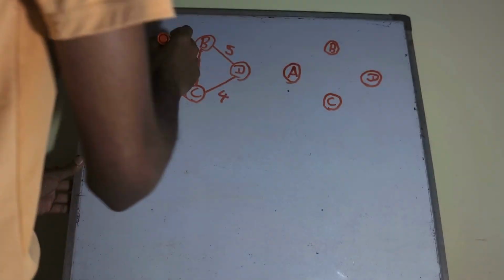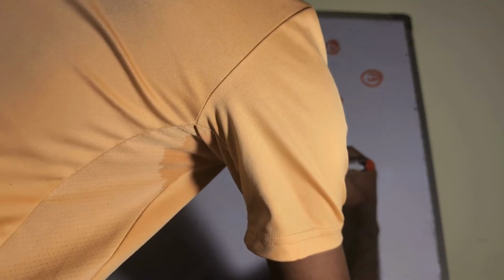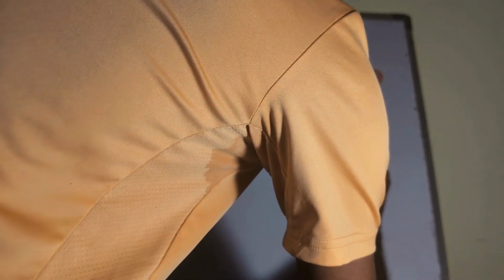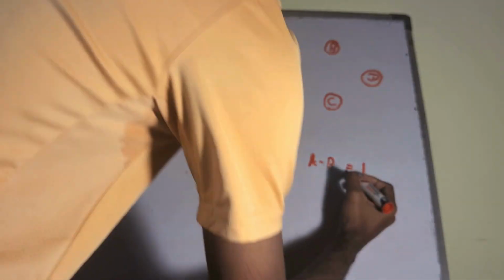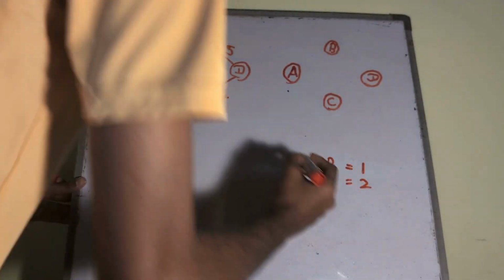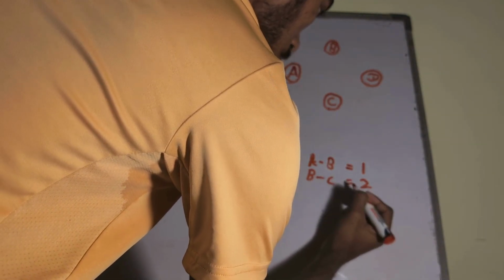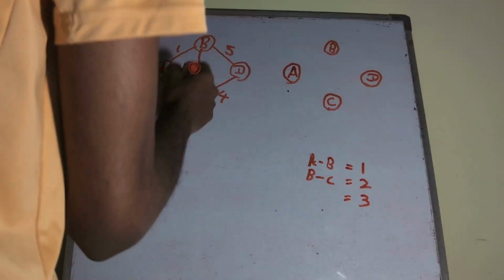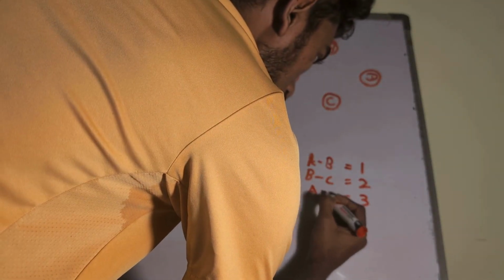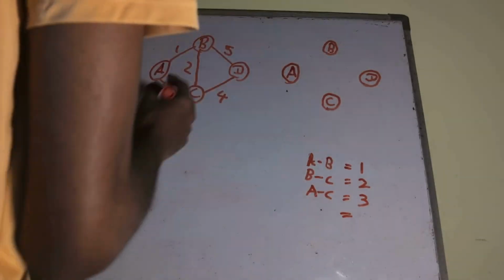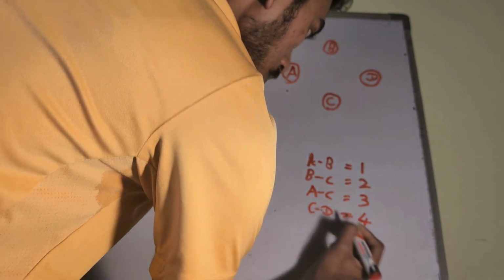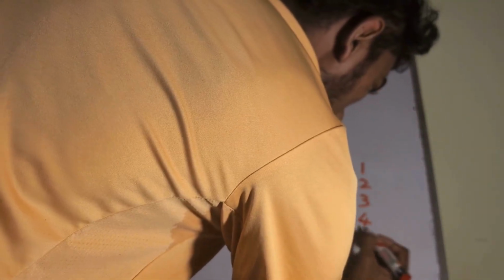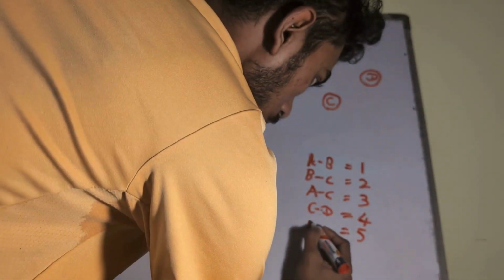The first one is the edge AB with weight 1. The second one is 2, which is B and C. The third one is AC, the fourth one is CD, and the last one is BD.